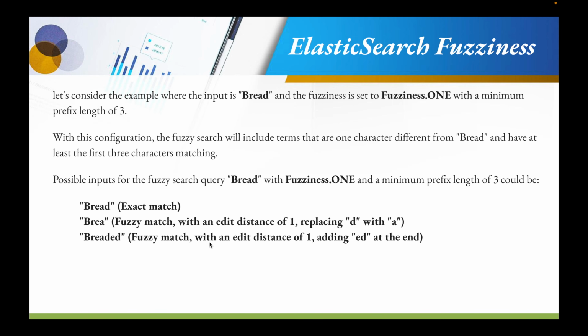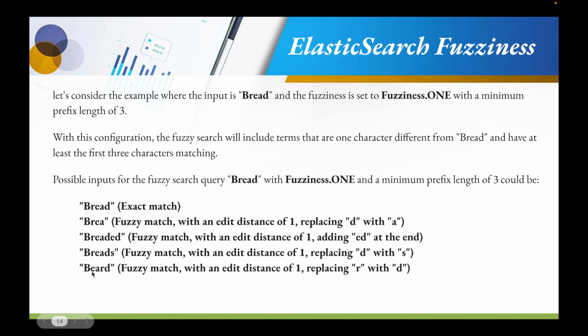Here is a fuzzy match with edit distance of 1, adding ed at the end. And breads, here also the edit distance is 1, replacing D with S here. And here again the edit distance is 1, replacing R with D here.